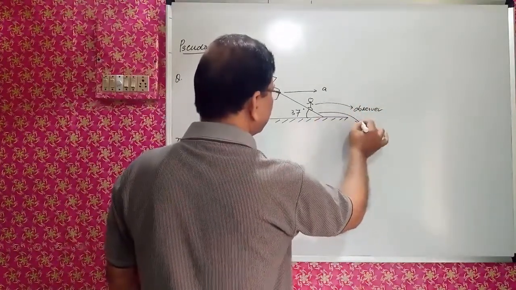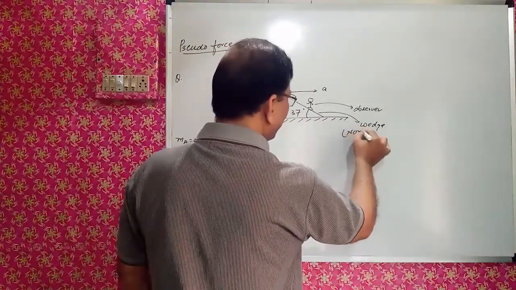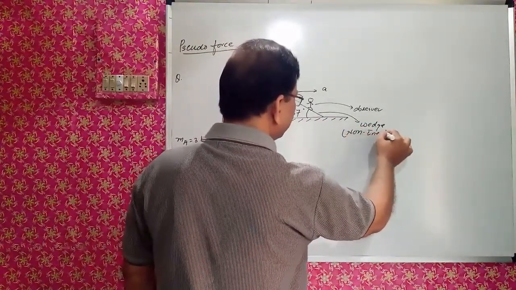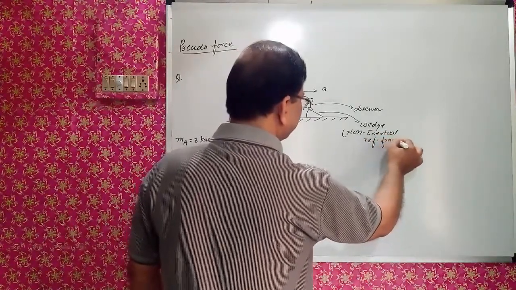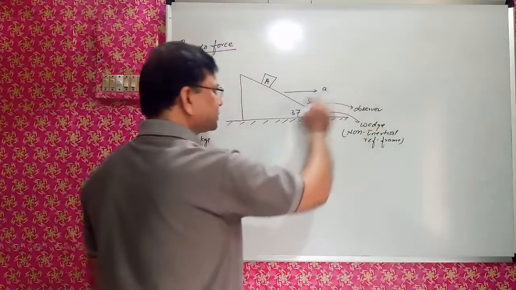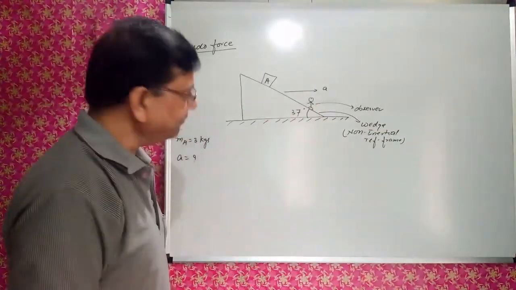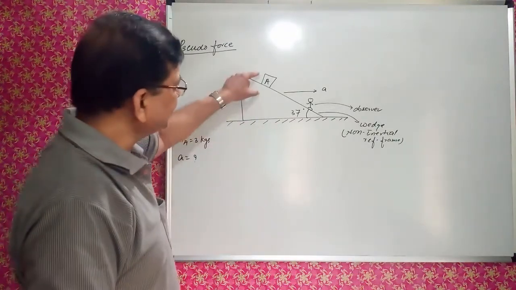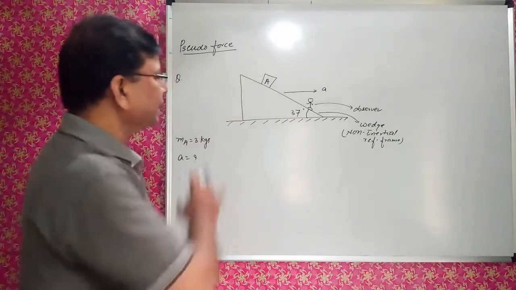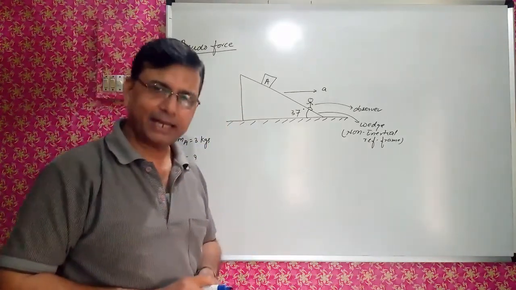So the observer, this is the wedge, and that is a non-inertial reference frame, because it is accelerating. So the observer is standing on the non-inertial reference frame and he is observing the object, and the object should be at rest, means whatever forces are acting on this, those forces should be balanced forces.